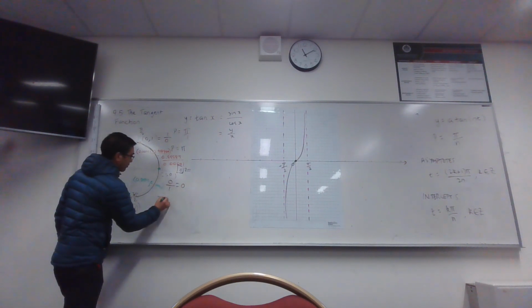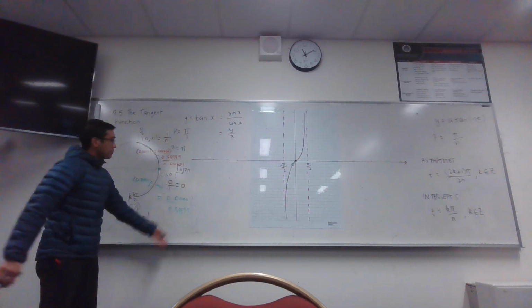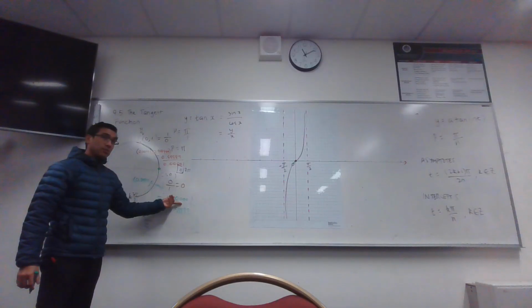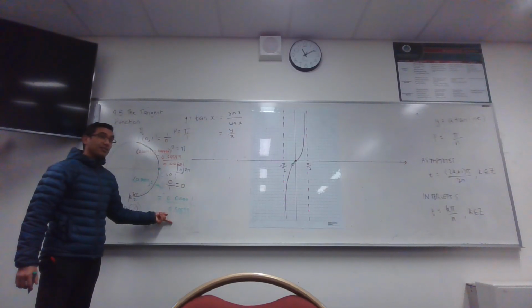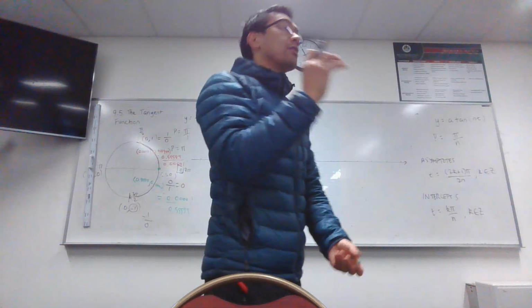But when you divide them, you've got a really, really small number divided by a really, really big one. Are you going to get a really big answer or a really small answer? Really small.